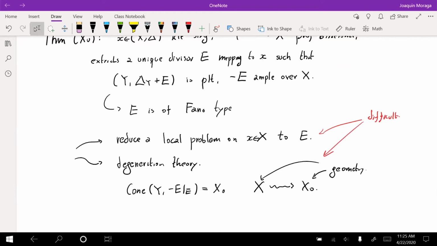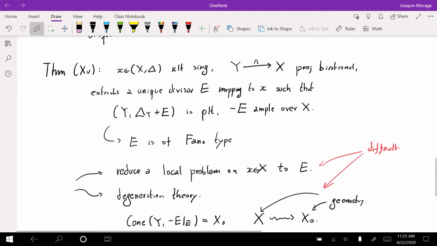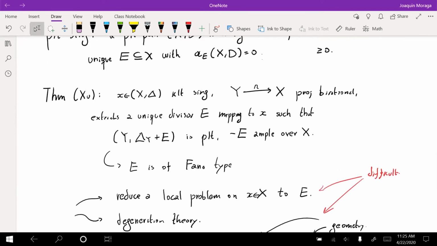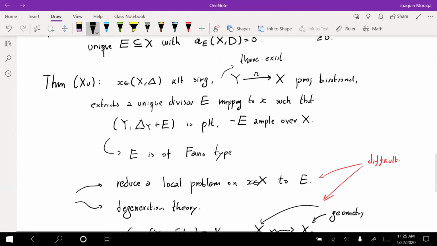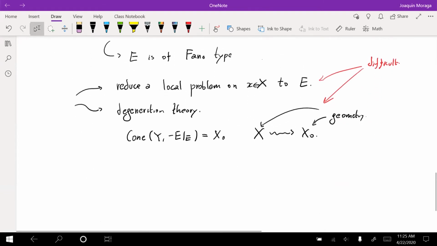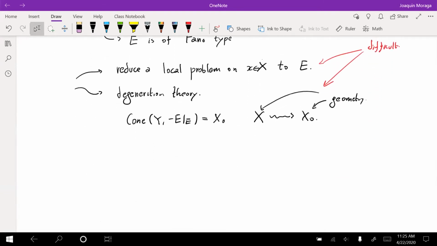Sorry, and the theorem claims that such a blow-up exists, right? Yes, sorry, there exists. And of course, this is not unique. For instance, if you have a toric singularity, all toric blow-ups are PLT. So it's highly non-unique. But at least it gives you the existence of such objects.